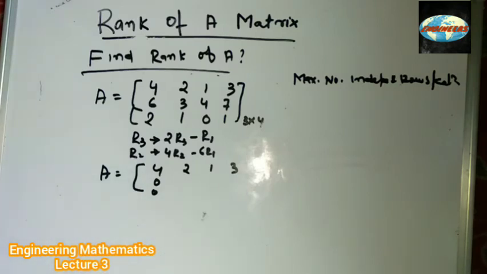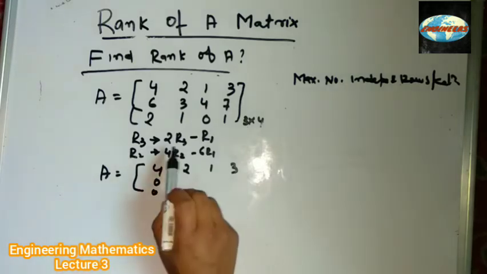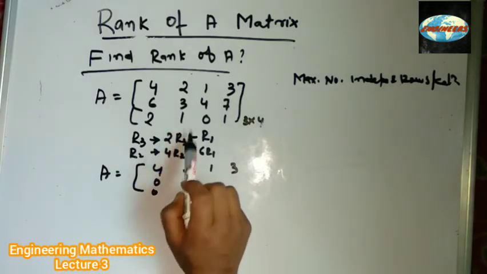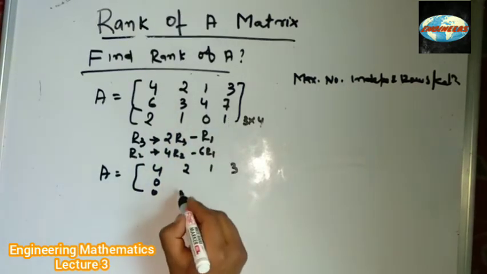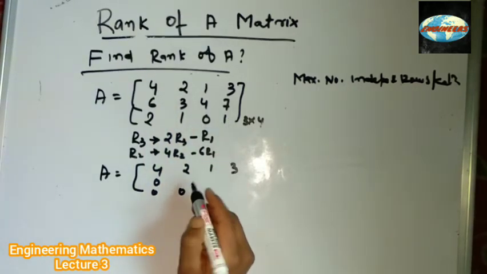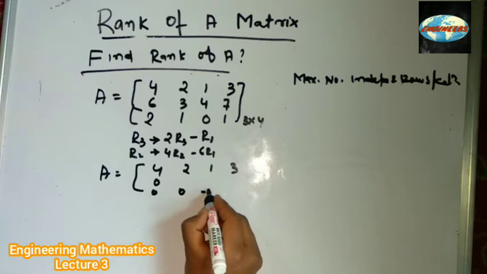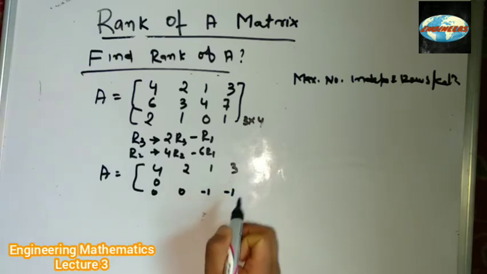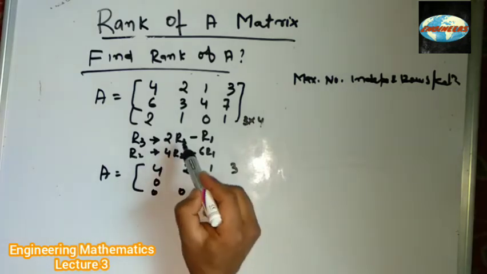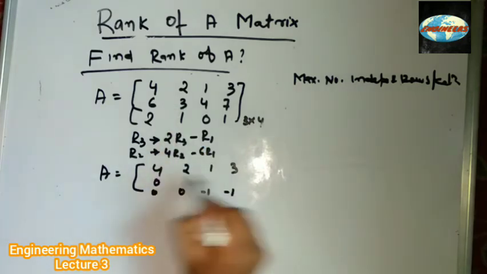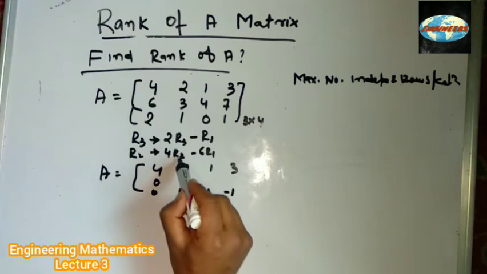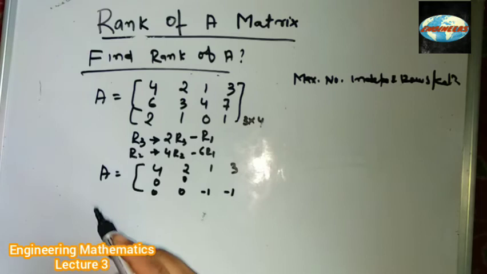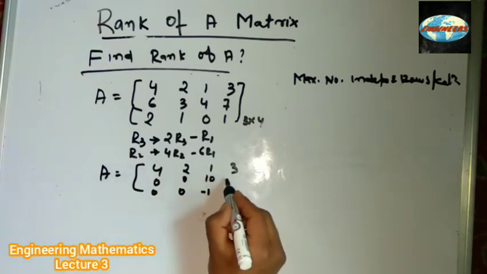Then 2 times 1 is 2, minus 2, is also 0, and this one will be minus 1. Coming to the second row, 4 into 3 is 12, minus 6 into 3, that is 18, so this is minus 6 and 10.